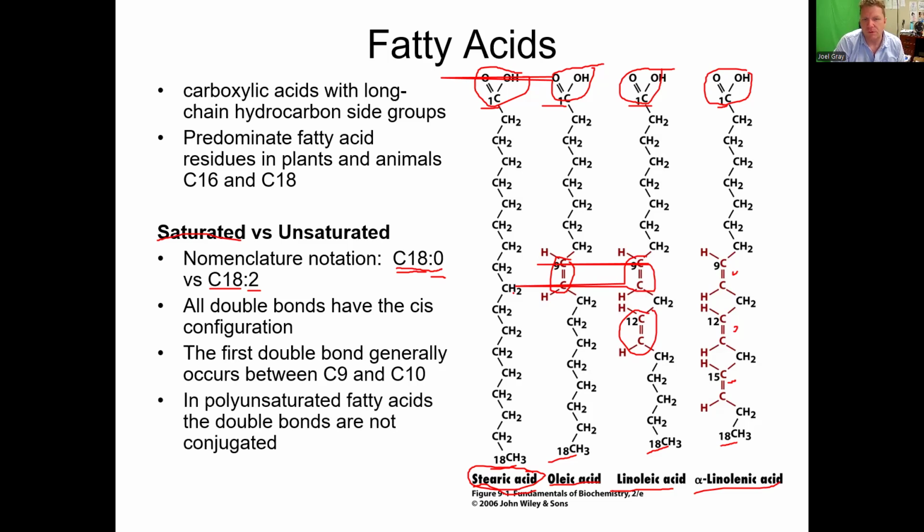In polyunsaturated fatty acids, the double bonds are not conjugated. Okay, so that terminology, whenever I hear that, not conjugated, what does that mean?